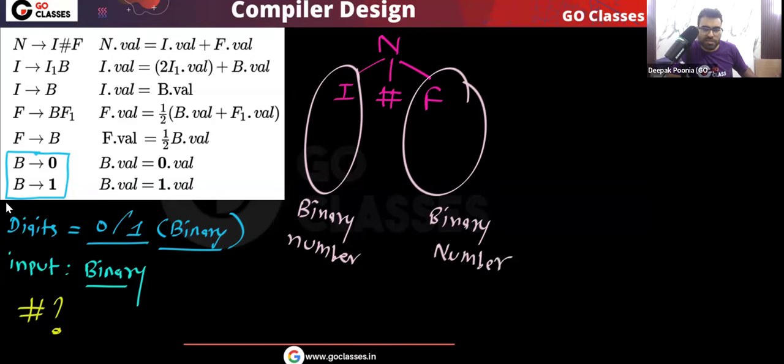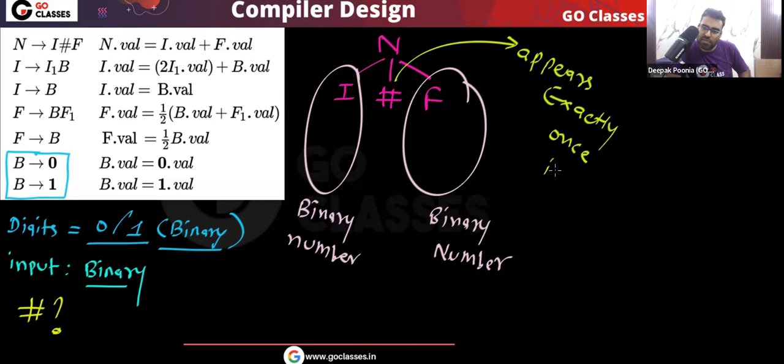And if you notice this hash, it appears exactly once in the input. Yes or no?